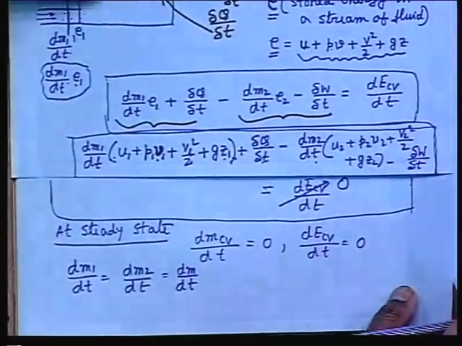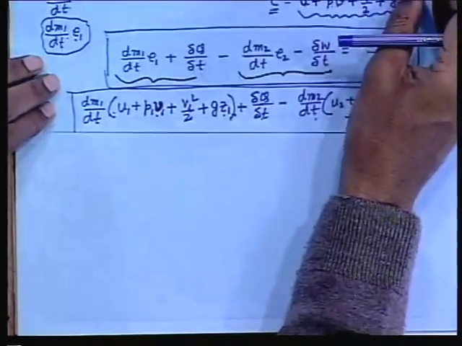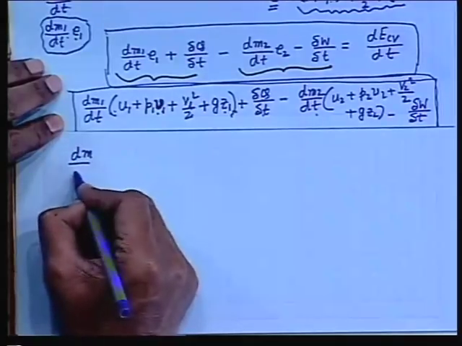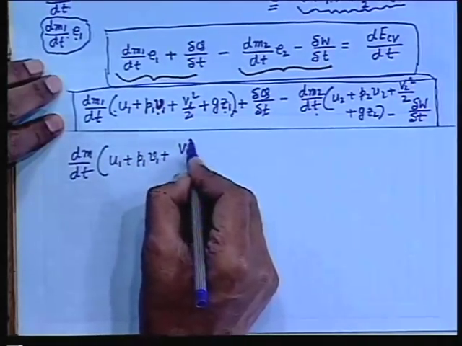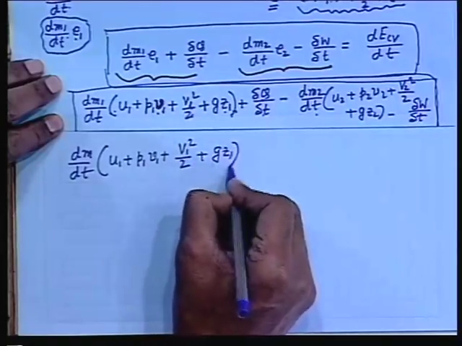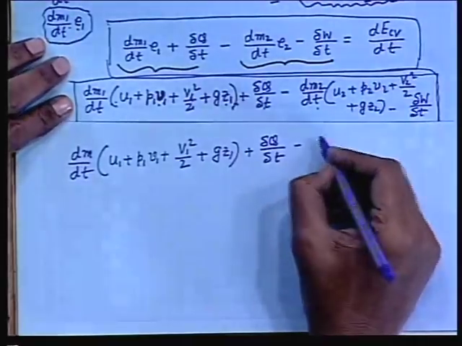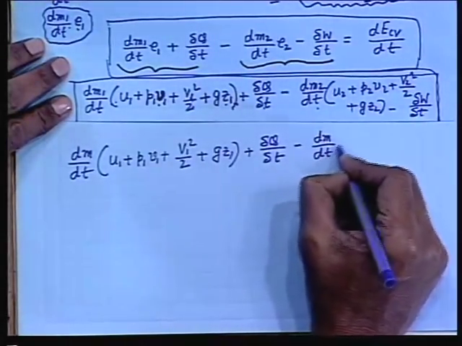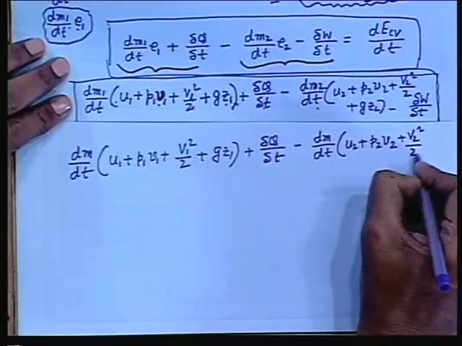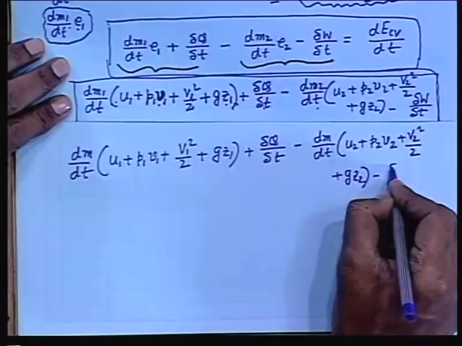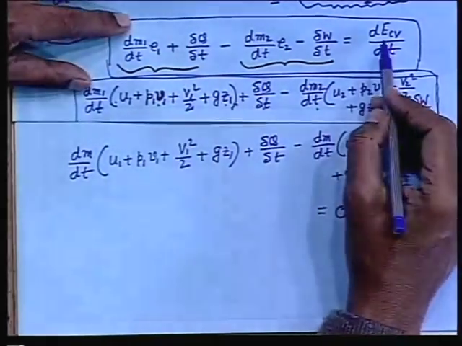And if we substitute this in the energy equation, that means if we write dm1/dt and dm2/dt as dm/dt, then we can write dm/dt times the quantity (u1 + p1 v1 + v1 squared by 2 + g z1), just simply a repetition, plus dQ/dt, minus, again, dm/dt times (u2, small u, specific internal energy, + p2 v2 + v2 squared by 2 + g z2), minus dW/dt is equal to 0, because dE_CV/dt is 0.